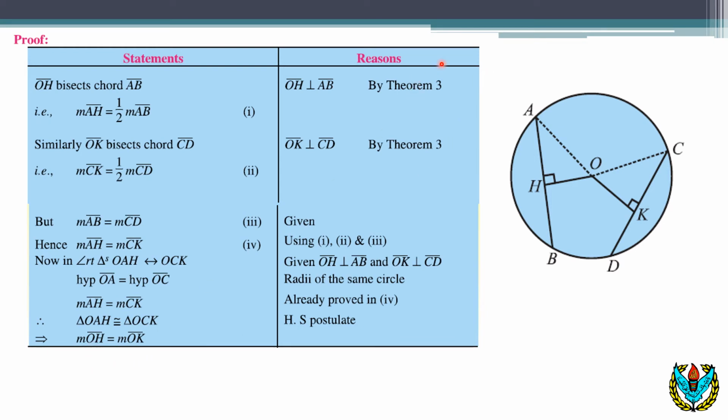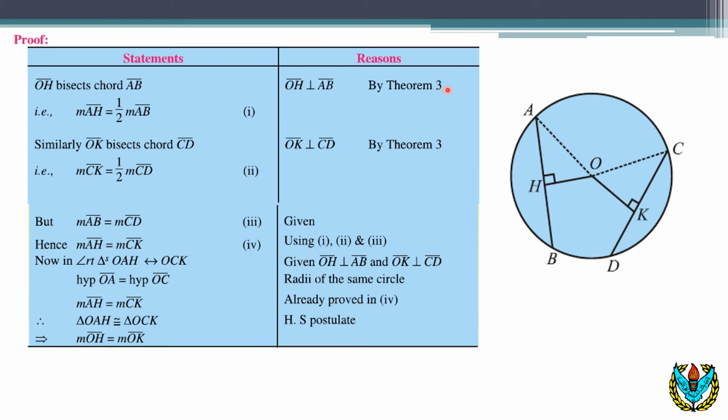Both are the radii of the same circle. Side opposite to 90 degrees is called hypotenuse. Therefore, OA equal to OC, and they are radii of the same circle. Measurement AH equal to measurement CK. Both are half of equal chords. We have already proved it. And the third thing is both triangles are right angle.